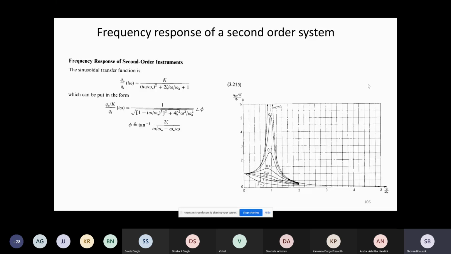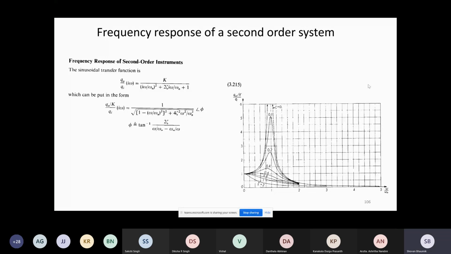So the input signal you can convert into a sum of many sinusoids, and for each sinusoid you can calculate what will be the output, and for overall output you can add them using the superposition theorem and you will get the overall output. That is the way you can calculate the output using frequency response for any arbitrary input.